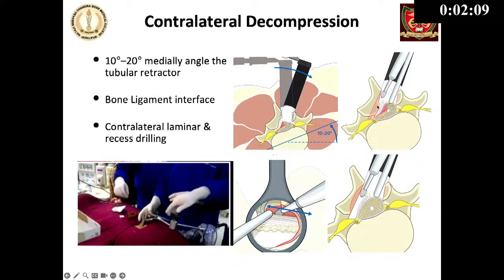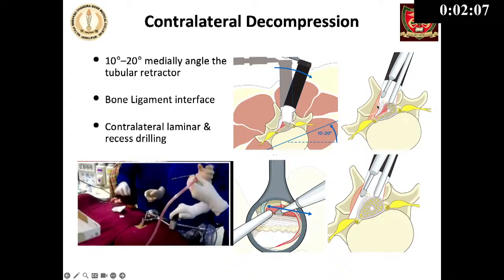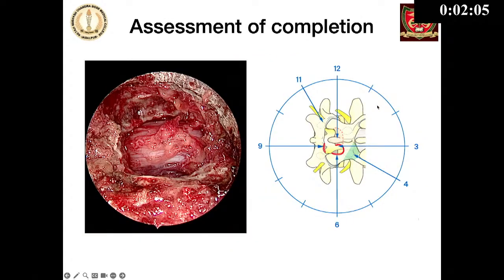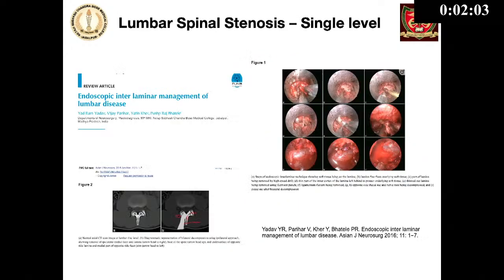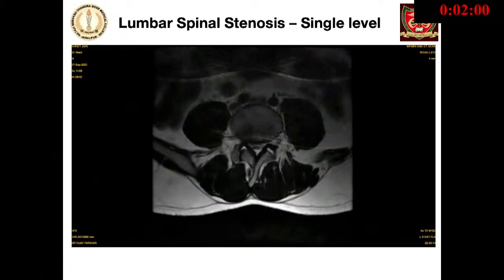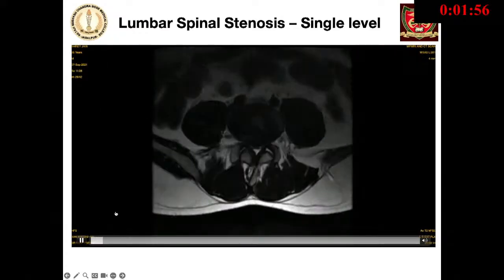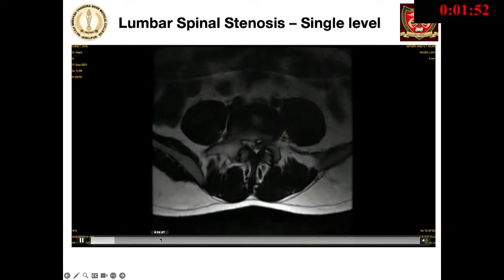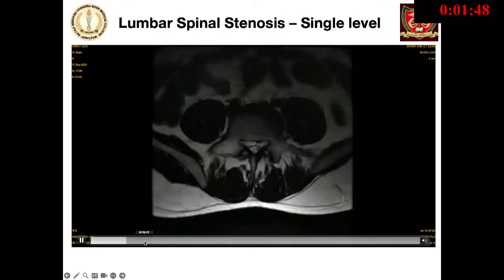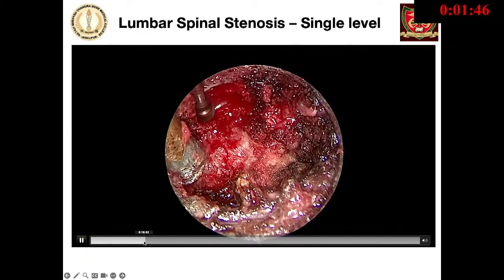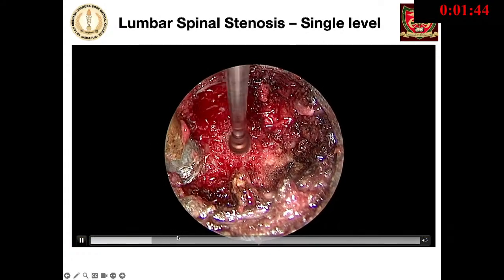After doing the ipsilateral work, you can just turn your tube towards the contralateral side, 10 to 20 degrees, and then you can start seeing the undersurface of the lamina and do your work, and then ultimately assess the completion of the decompression.